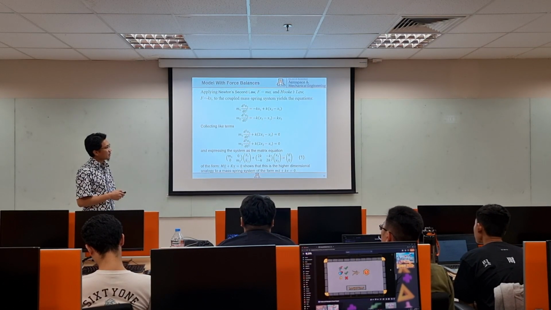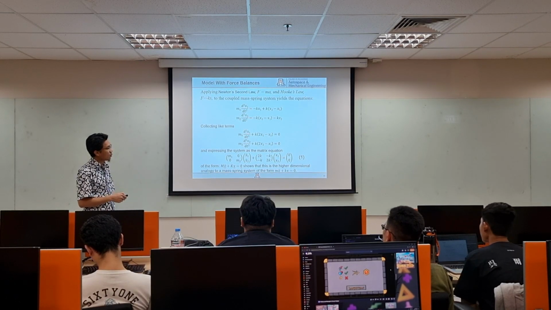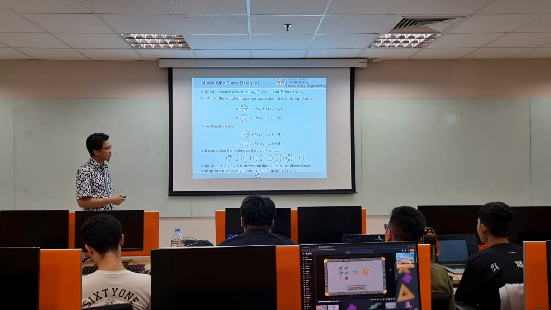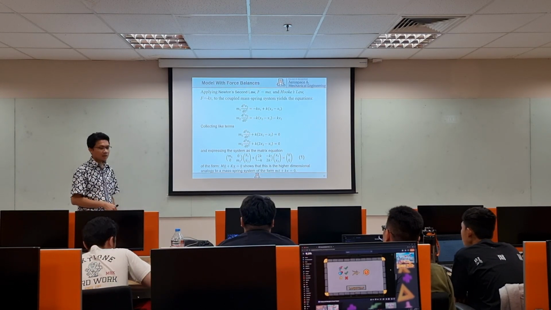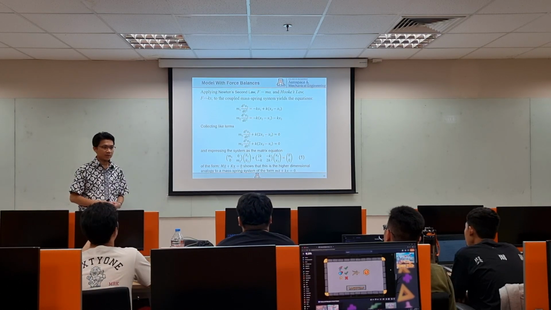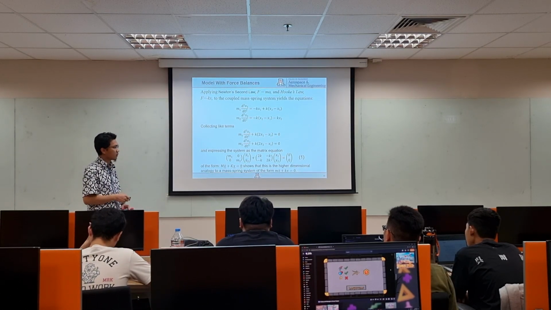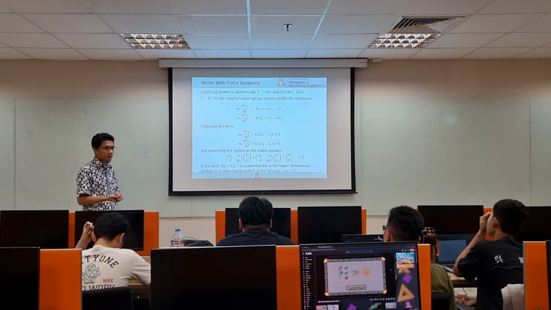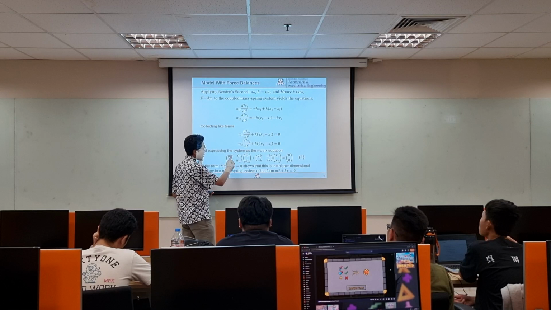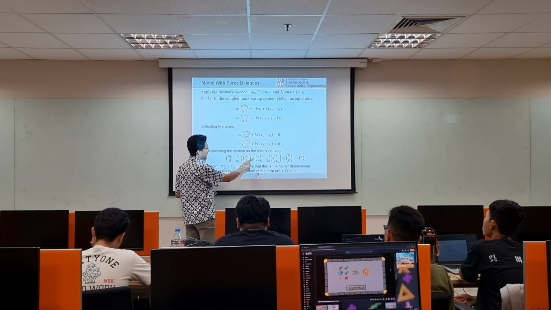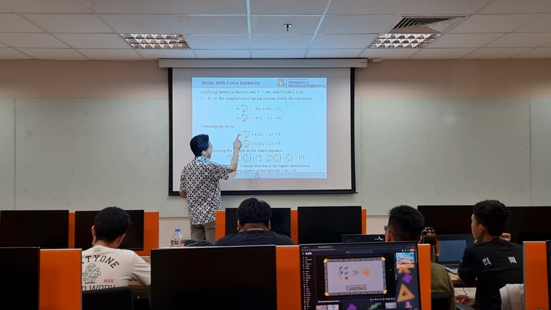So we will collect the terms. Where is the x1, where is the x2? And then after that, we will write this in a matrix format. How do we do that? The first equation is here, m1 x1 double dot plus 2k x1. So it's this one.